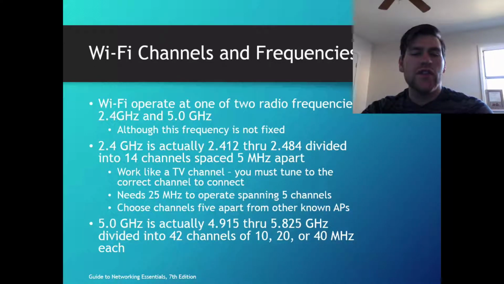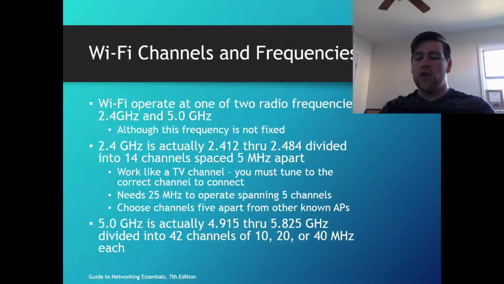So in North America, we only use channels 1 through 11. In the US, we're part of North America, so channels 1 through 11 would be used. Now, in order to operate well, channels need to be 25 megahertz apart from any other frequencies. So usually, that means 5 channels away.